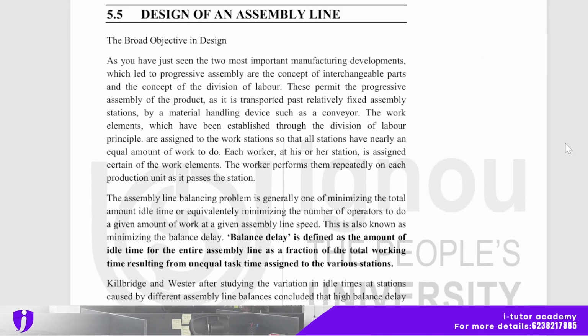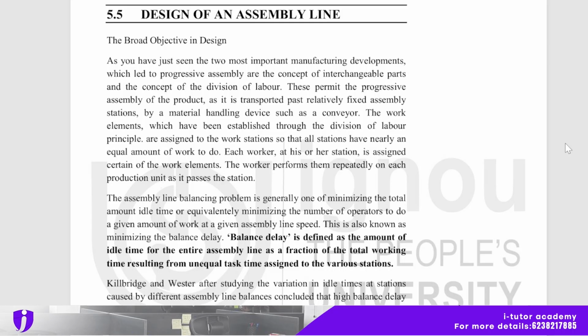The broad objective in design: as you have just seen, the two most important manufacturing developments which led to progressive assembly are the concept of interchangeable parts and the concept of the division of labor. These permit the progressive assembly of the product as it is transported past relatively fixed assembly stations by a material handling device such as a conveyor.